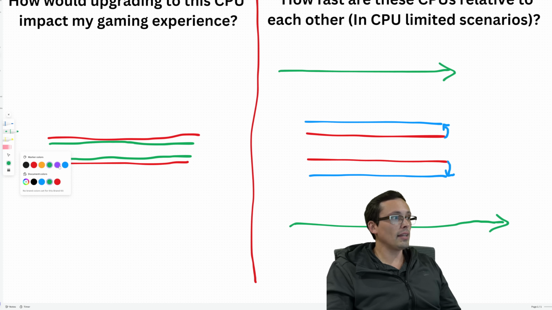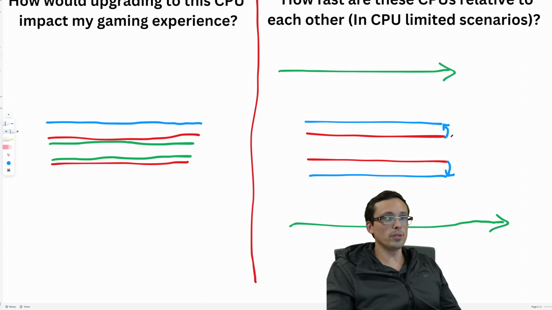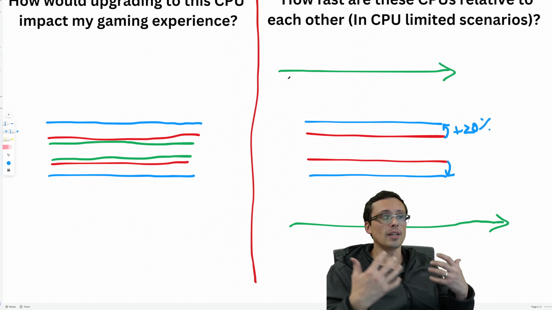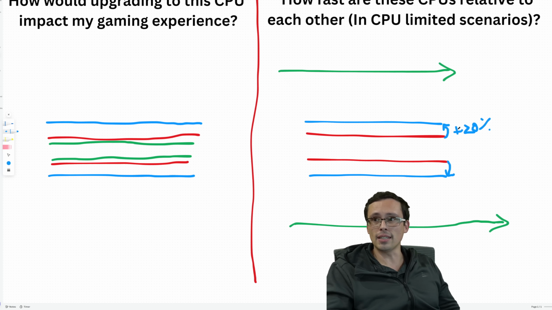And then they think, ooh, I'm going to buy that blue CPU because the reviewer just told me it's like 20% faster, right? So the viewer goes ahead and buys this. The problem is their frames per second is still limited by the green line, which is the GPU. So if they didn't get a faster GPU, they're not going to experience that 20% difference, right?